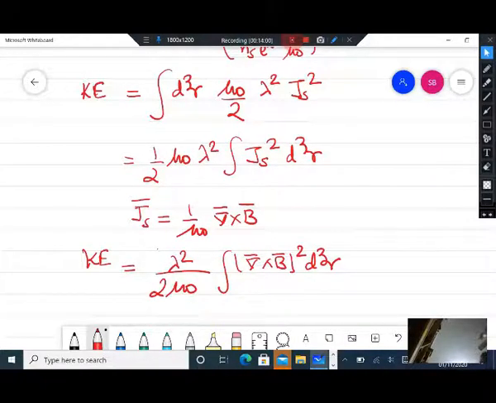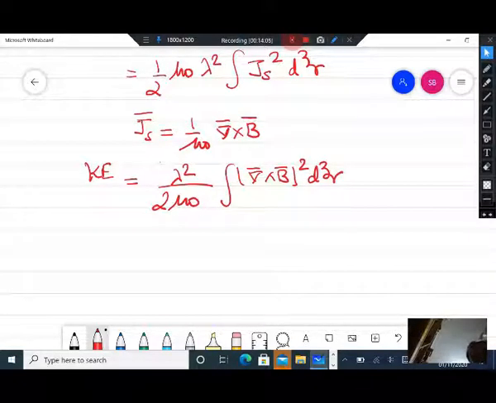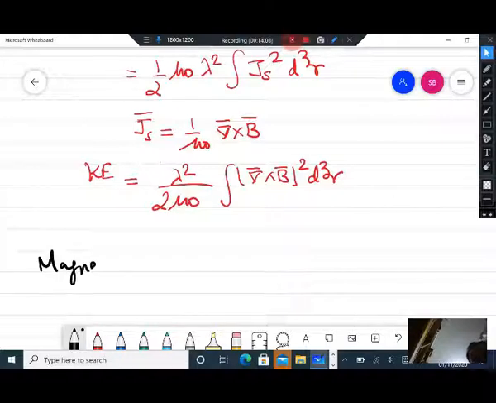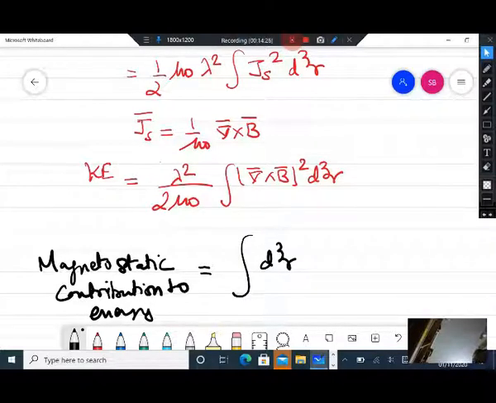Now if you look at the magnetostatic contribution to energy, it will be the integral of d cube r B square. So this is the square of the magnetic field of the vortex.